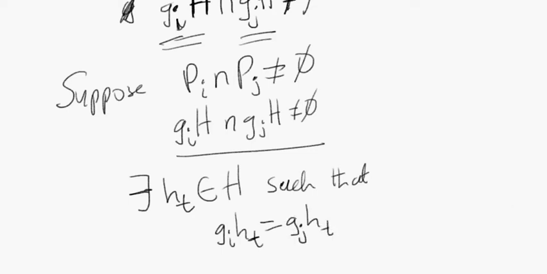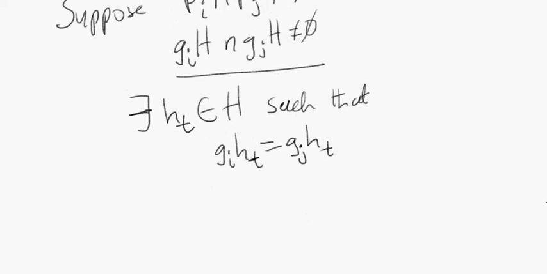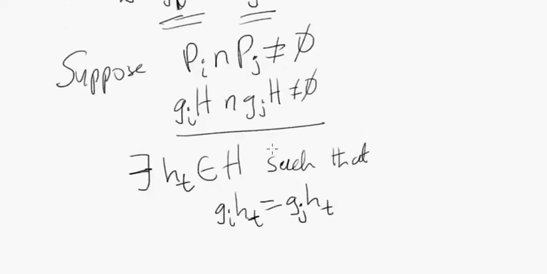If we concluded that GiH intersect GjH is not empty, that would mean that GiH and GjH have at least one element in common. But what does it mean for them to have an element in common? All elements of GiH are of the form Gi multiplied by some element of H. All elements of GjH are of the form Gj multiplied by some element of H. If an element is in both of them, that means there is some Ht, element of H, such that Gi times Ht equals Gj times Ht, right?